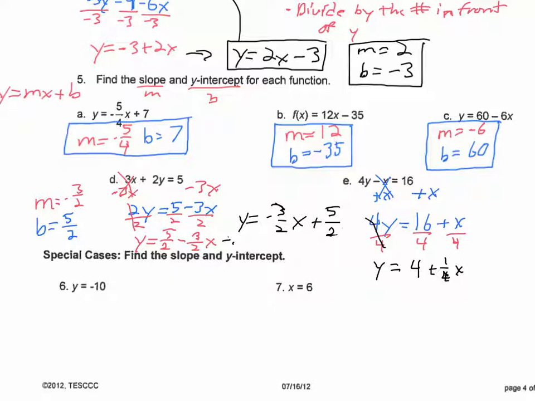I'm not going to rearrange it because it's an unnecessary step. We should be able to recognize by now that the slope is always the number in front of the x, and the b is the other one, the one that we call a constant. It's all by itself. So our slope in this problem, our m, would be the 1/4, and our b, our y-intercept, would be the 4.